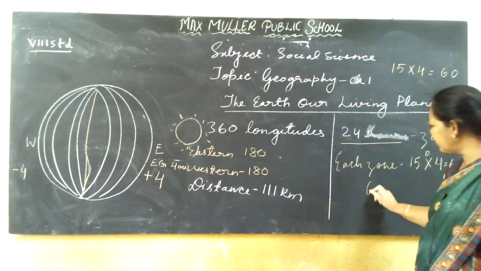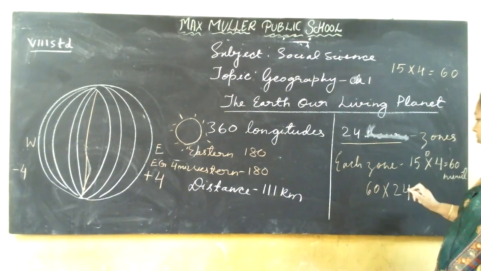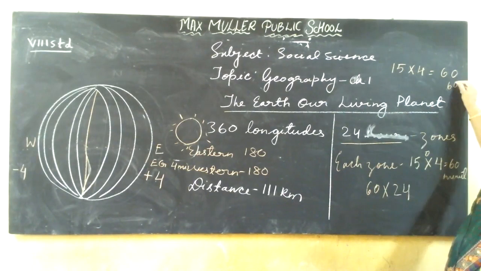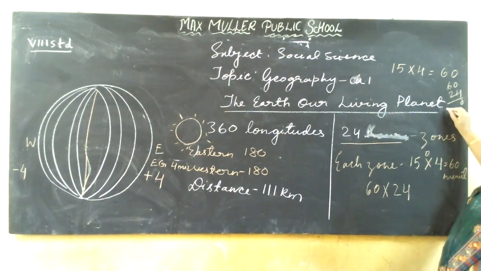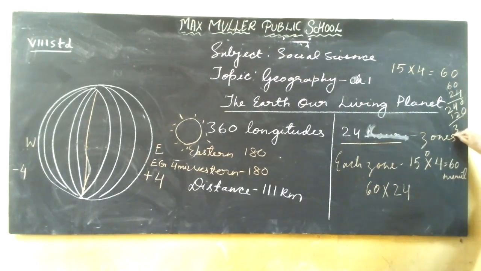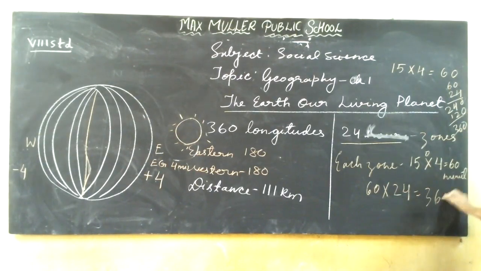and 60 minutes into 24. How much? 4 6 and 120, that is 360. See here, 360 longitudes.